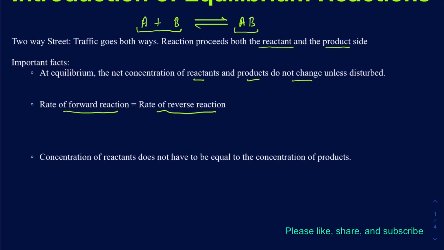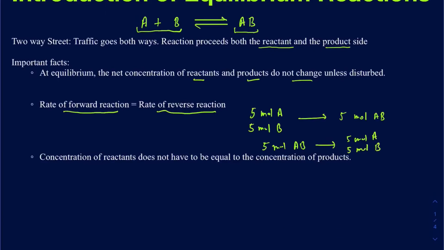Suppose I have 5 moles of A and 5 moles of B, going on to make 5 moles of AB. Then what's really going to happen in terms of keeping everything at equilibrium? You will have another set of 5 moles of AB actually turning back to 5 moles of A and 5 moles of B. So that's what your dynamic equilibrium means.